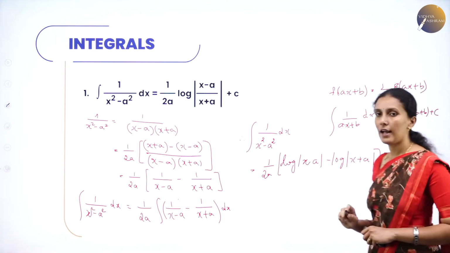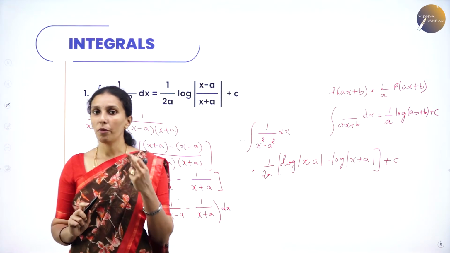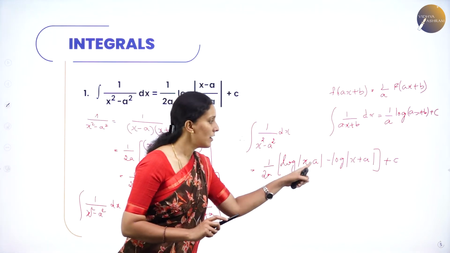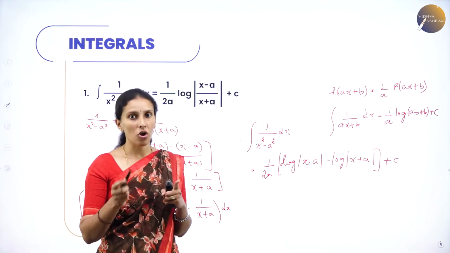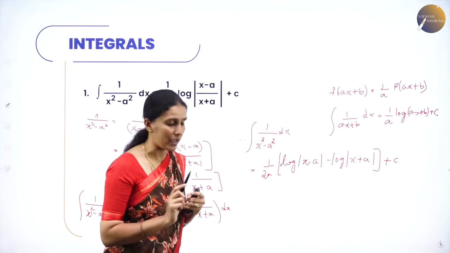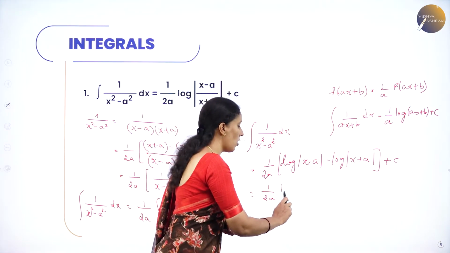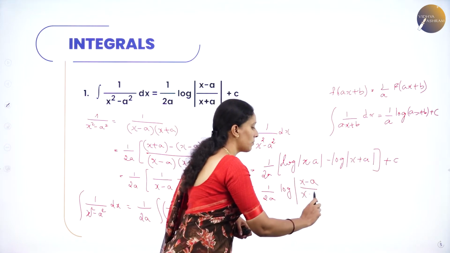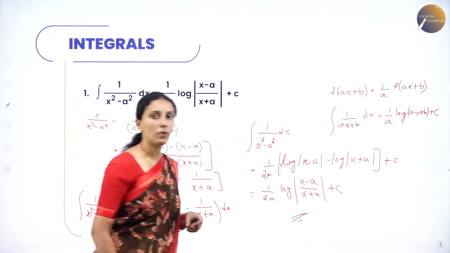Plus c is the answer now. That is why this becomes log modulus x minus a minus log modulus x plus a. We know that log x minus log y can be written as log of x by y. So this becomes 1 divided by 2a log of modulus (x minus a) by (x plus a) plus c. So this is the required result.